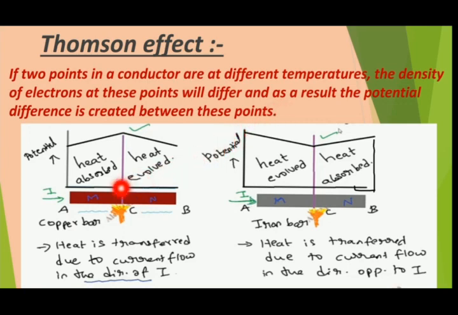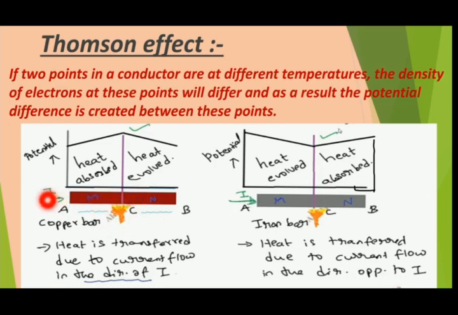Now consider a copper bar AB heated in the middle at the point C, and current flowing. When no current is flowing through the copper rod, the points M and N, equidistant from the point C, are at the same temperature because no current is flowing through the copper rod.